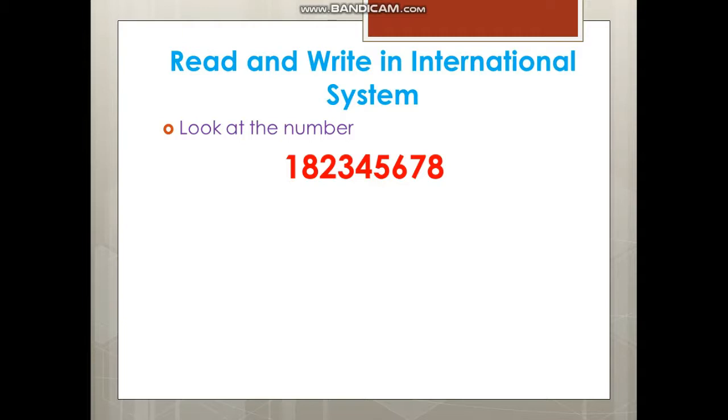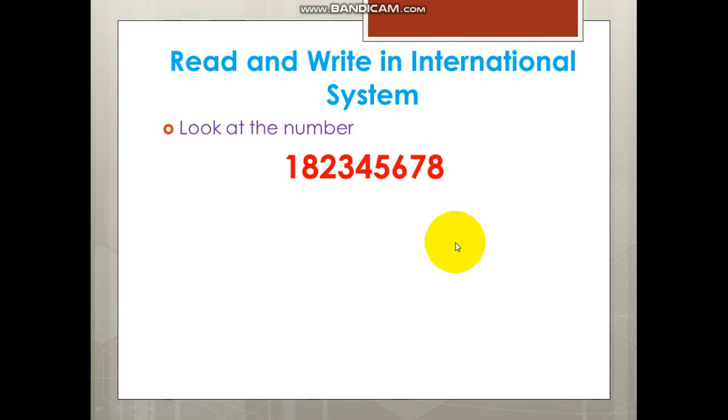First of all we have to look at the periods: ones period, then thousands period and then millions period. In order to write the number in the international number system we put a comma after ones period, meaning after 3 digits, then after thousands period, again 3 digits, and the last period is millions period.